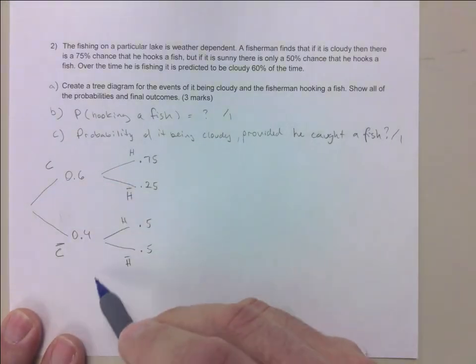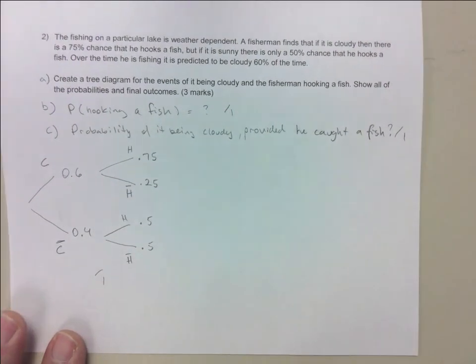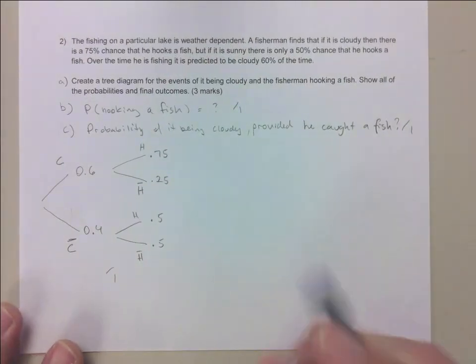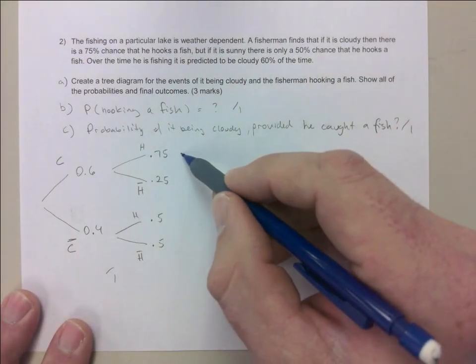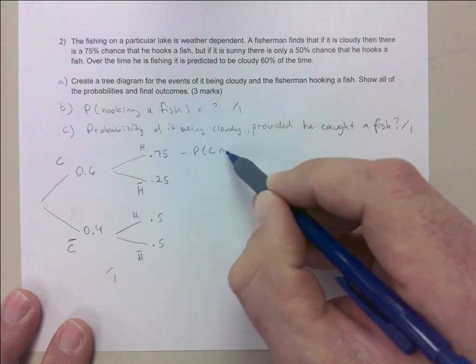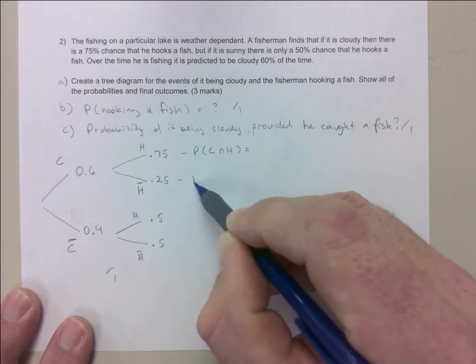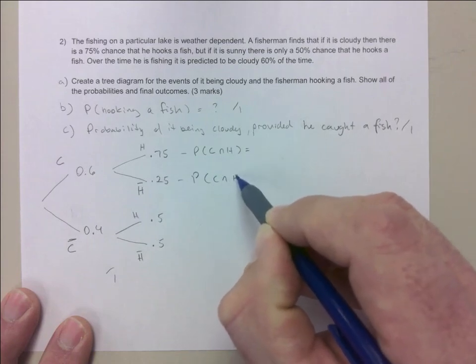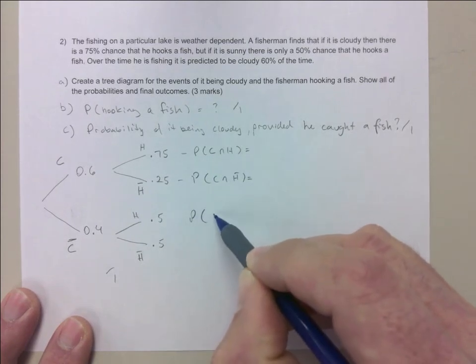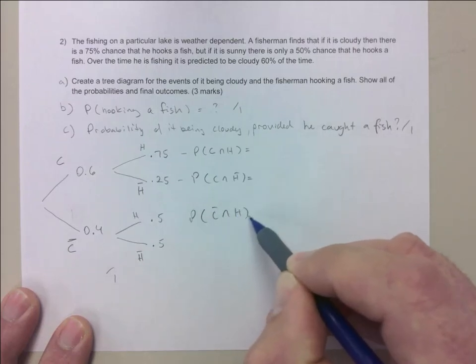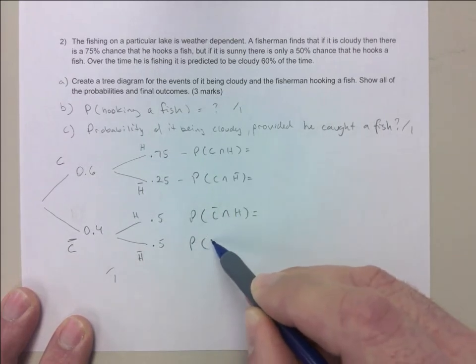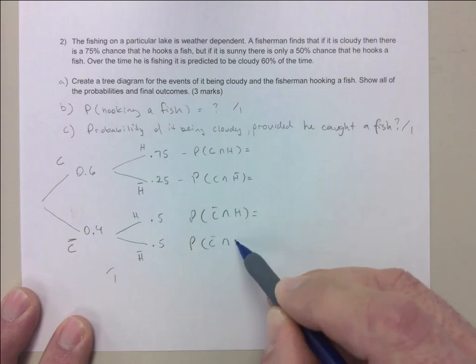I will give you a mark already for this. If you have this, you got the mark. But I want all the outcomes, right? So probability of cloudy and hooking a fish, cloudy and not hooking a fish, not cloudy and hooking a fish, and probability of both of them not being the case.